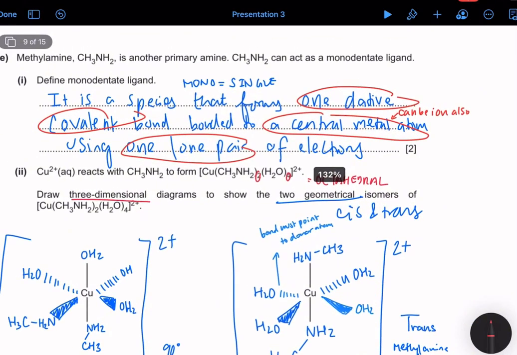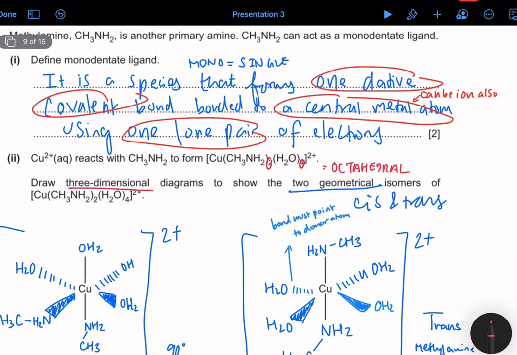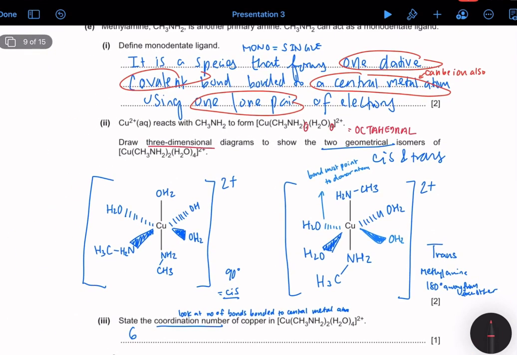For monodentate it is single. There's usually bidentate and other types of ligand. If it's bidentate, then it's double. Alright, so Cu2+ reacts with CH3NH2 to form [Cu(CH3NH2)2(H2O)4]2+.